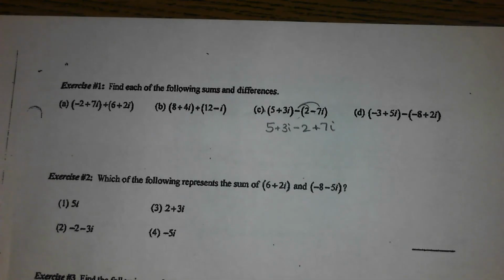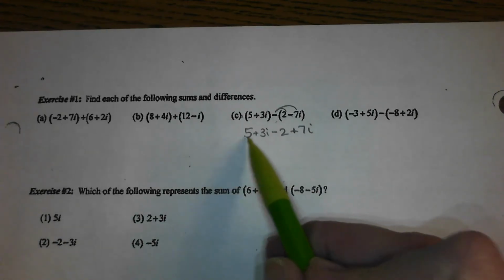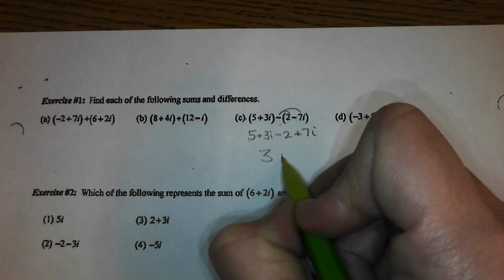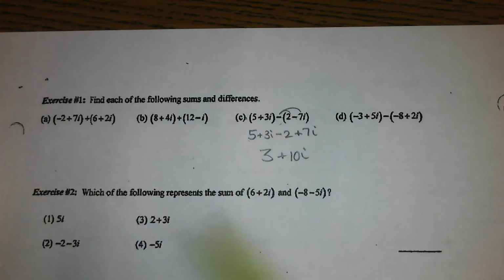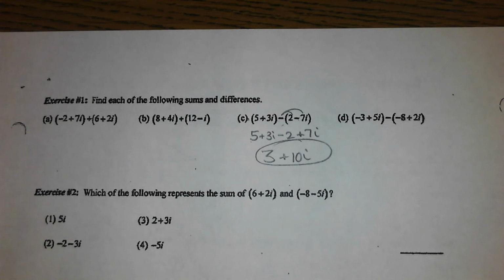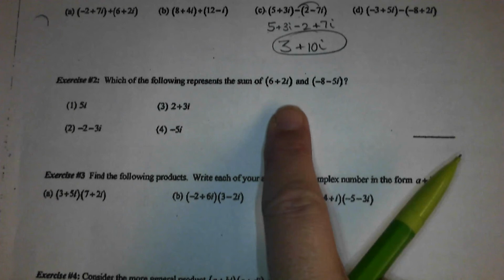And then when you combine like terms, 5 minus 2 is 3. And 3i plus 7i is 10i. So nothing new there. You do the same thing as you would do with x's. This one is the sum, so that's adding.